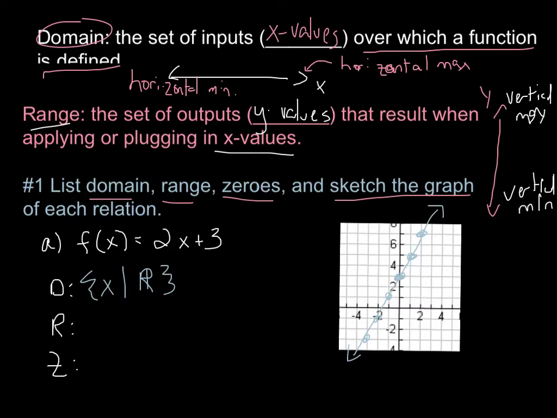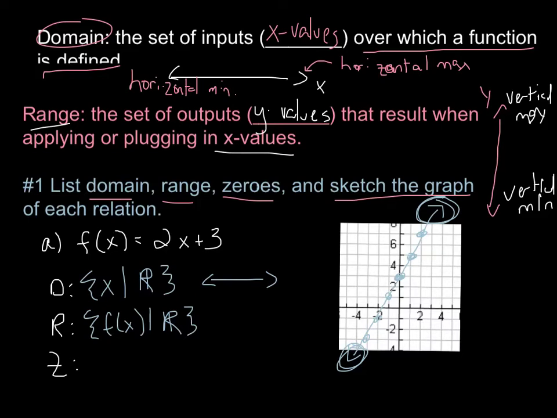Think of it as it goes, this arrow will go forever right and forever left. It will never stop going right and never stop going left. The range, same thing. It never stops going up. It never stops going down. So the range is all f of x's or y's such that it also includes all real numbers. And finally, the third part, find the zeros.